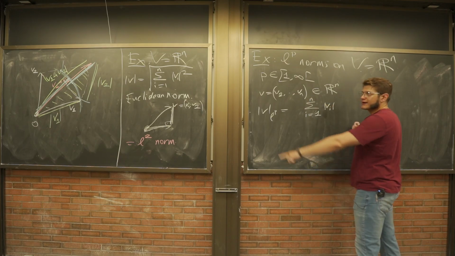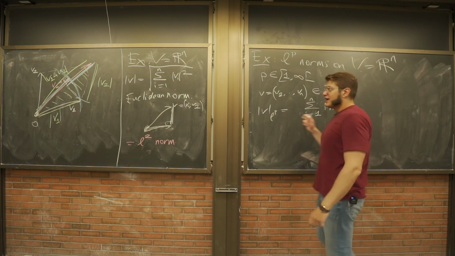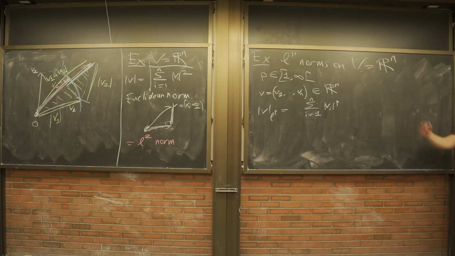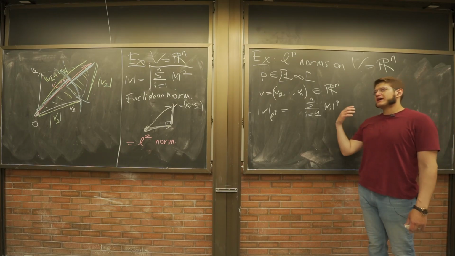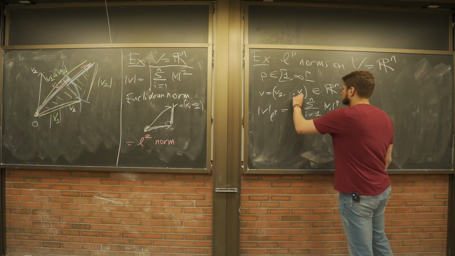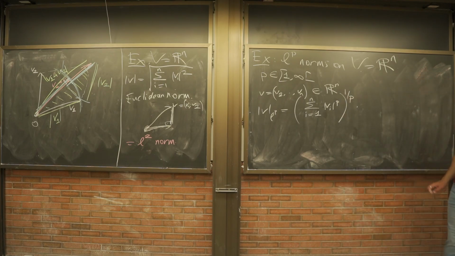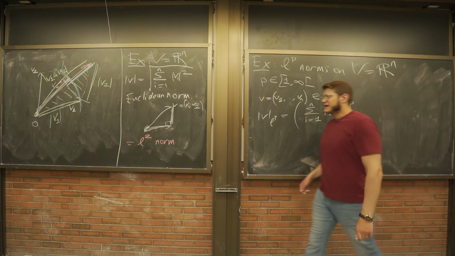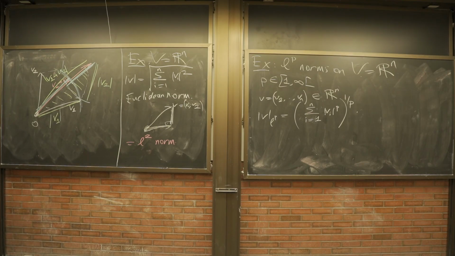Vi in absolute value, I see a 2 there in the exponent, I replace that by p. And then instead of taking the square root, that is to say, instead of taking the 1 over 2 power of this sum, I look at the 1 over p power of this. It's perhaps hard to believe, but indeed it turns out that this is a norm. And I think perhaps tomorrow I'll spend some time verifying this.